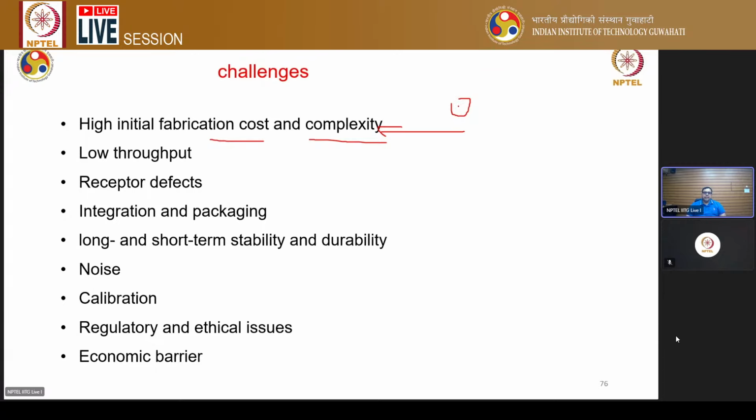Initially you have to invest heavily. If it is a microsensor, you should have at least a class 1000 clean room, and then at least a line of lithography, starting from wafer cleaning to etching.